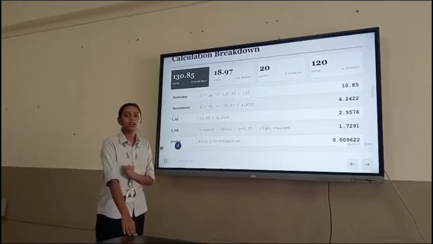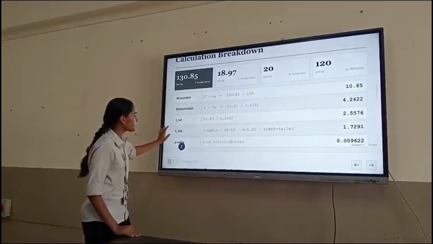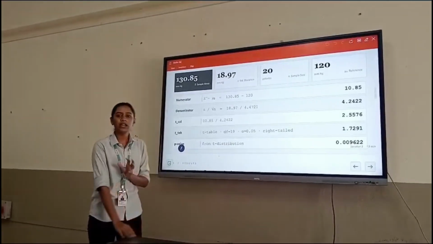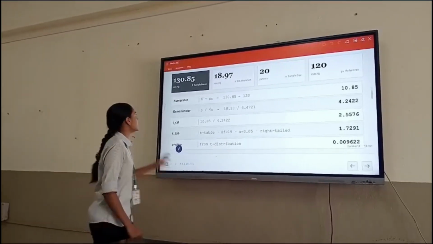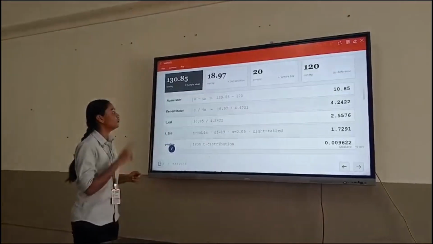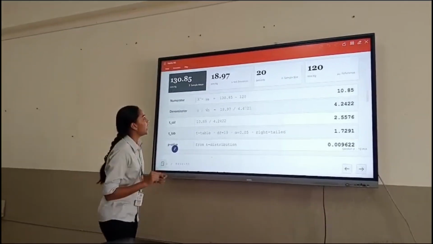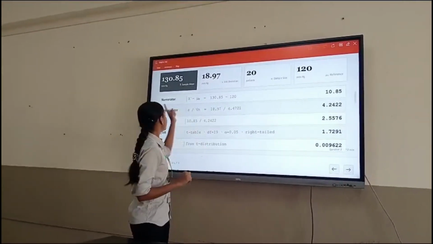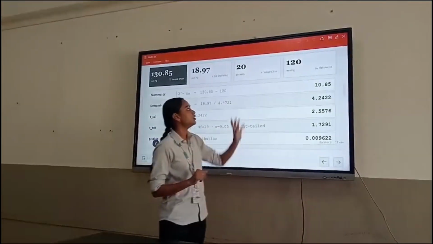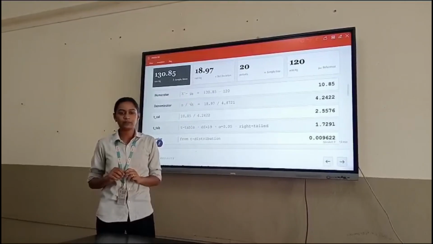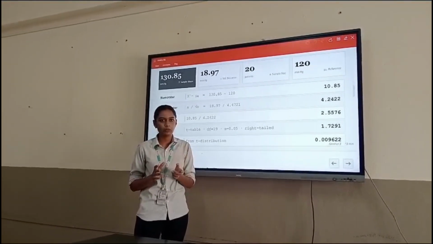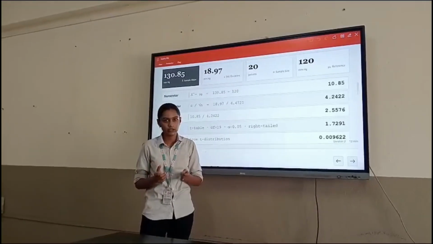Because we are using the one sample t test, the calculated value is based on the sample mean, which we are getting as 130.85. We calculated the sample mean for the 20 patients, and 120 is the normal blood pressure. We take two hypotheses, the null hypothesis and the alternative hypothesis.